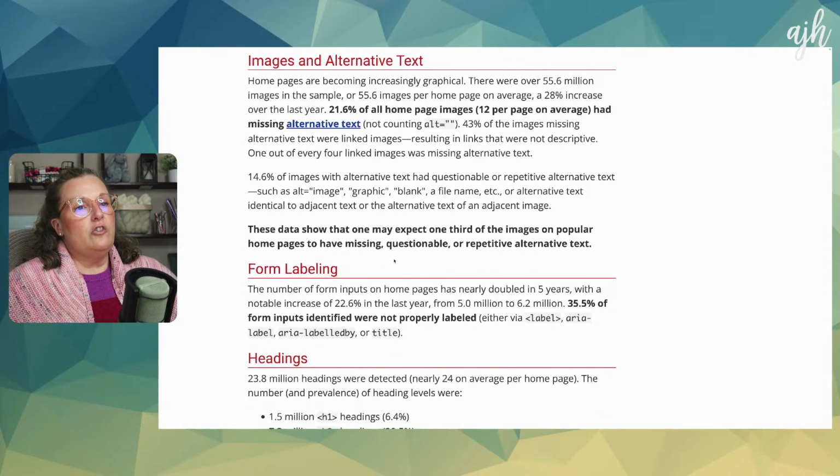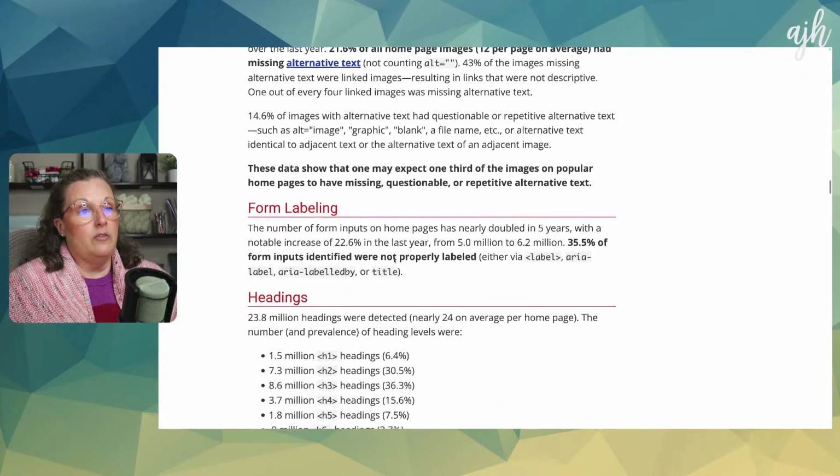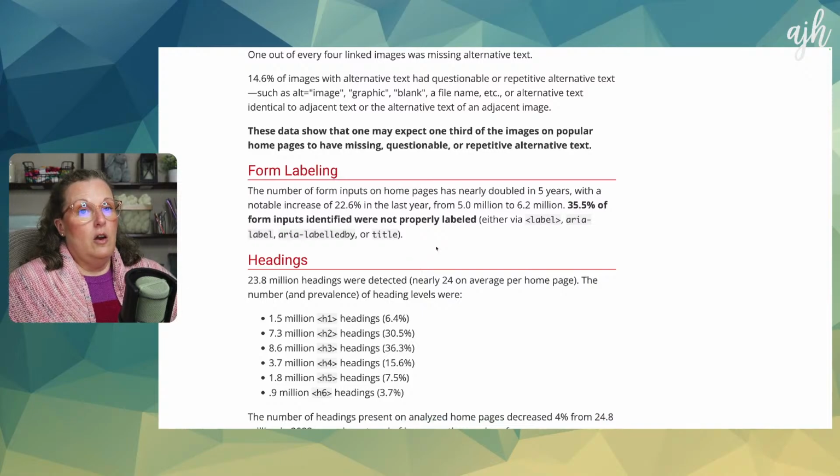So these data show that one may expect 1/3 of the images on popular home pages to have missing, questionable, or repetitive alt text. Form labeling.